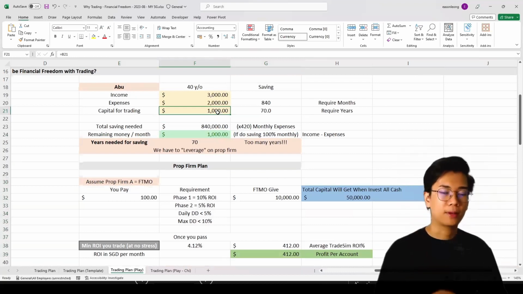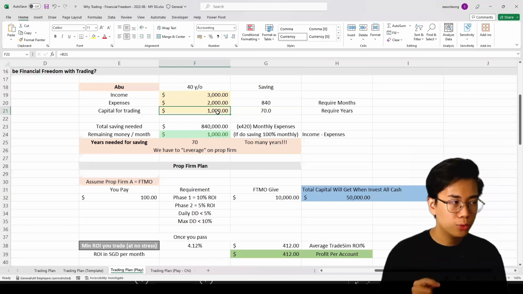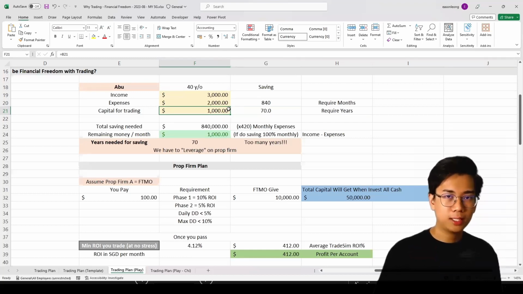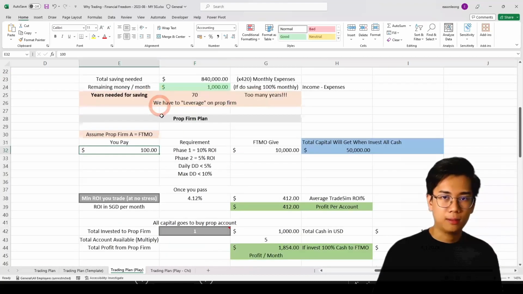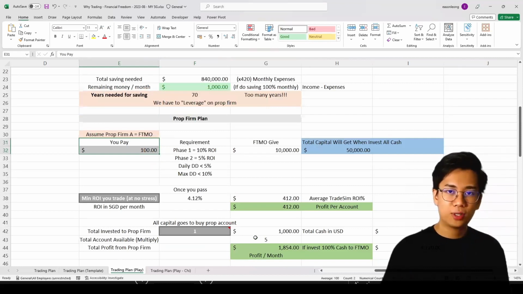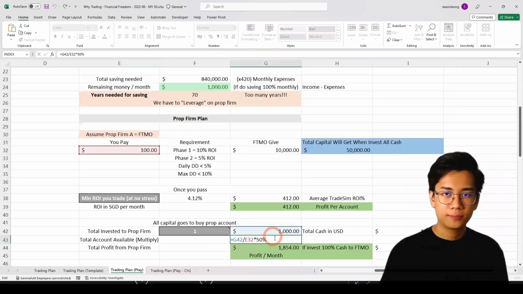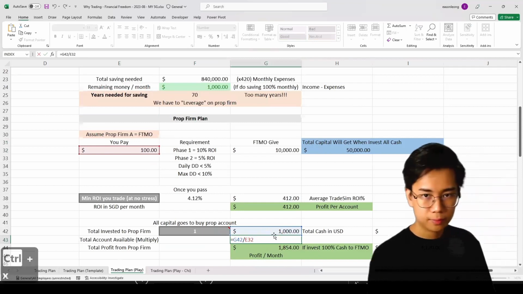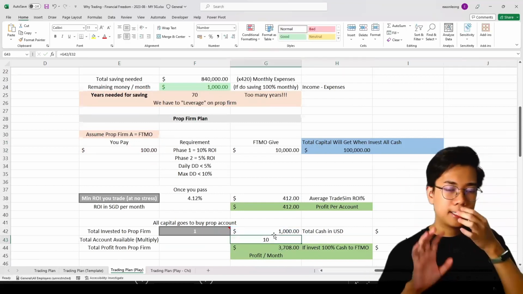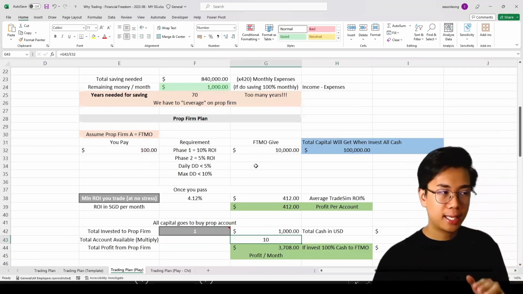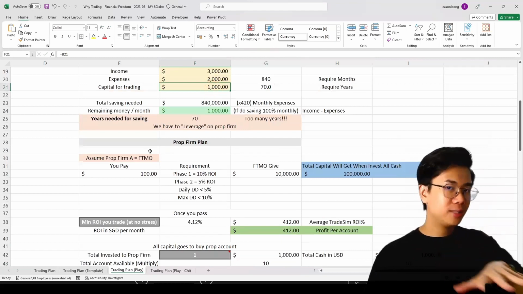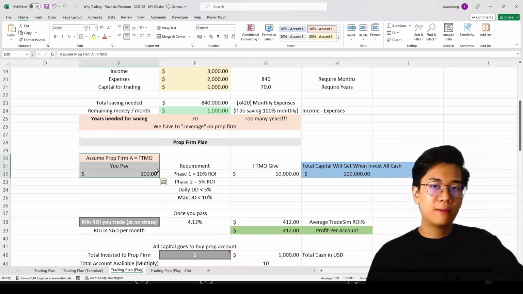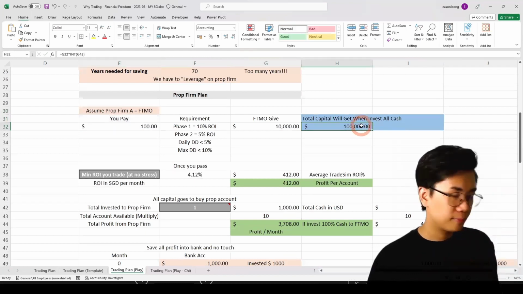What you can do is take this $1,000, and because one contract is 100, you can just tell the prop firm, I would like to get 10 contracts, meaning that I spend all of my $1,000 on this prop deposit, and you should give me $100,000.